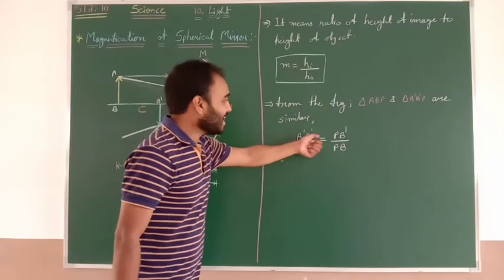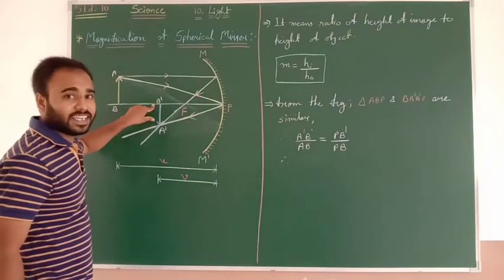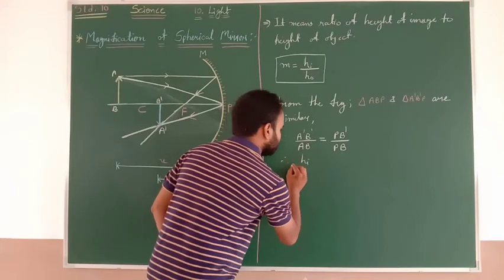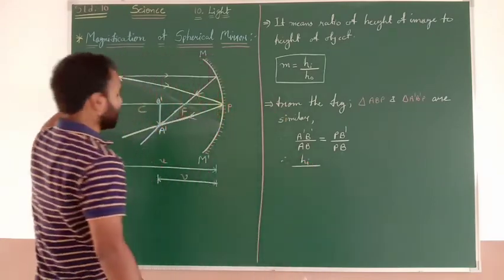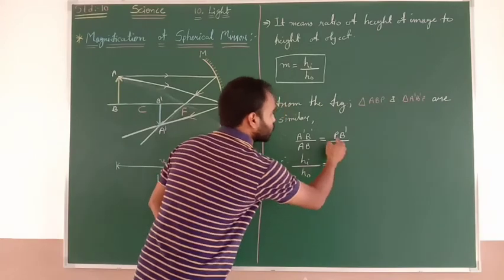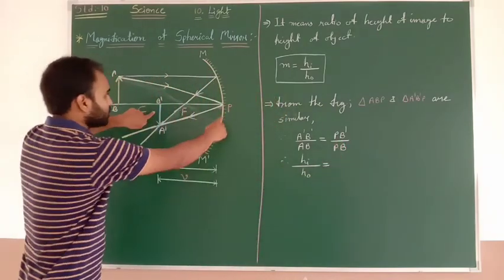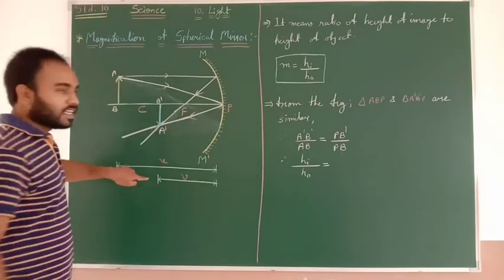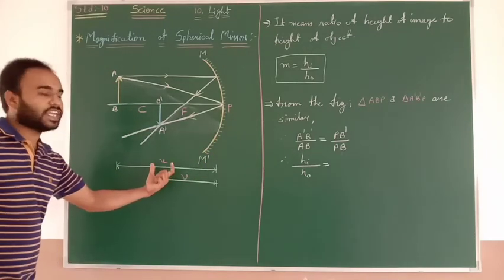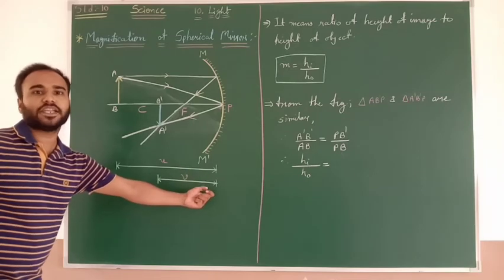Therefore, A'B' is the height of the image, that I am taking as HI, and AB, that is the height of the object, that will take as HO, is equal to PB'. That will be the distance between image and pole.